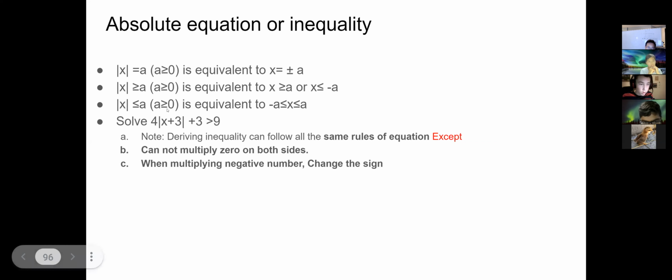We require a to be at least a non-negative number. Let's say a is positive, most likely. So really remember these, use them. Anytime you have absolute value, they don't escape all these basic things. These are fundamental things to do.